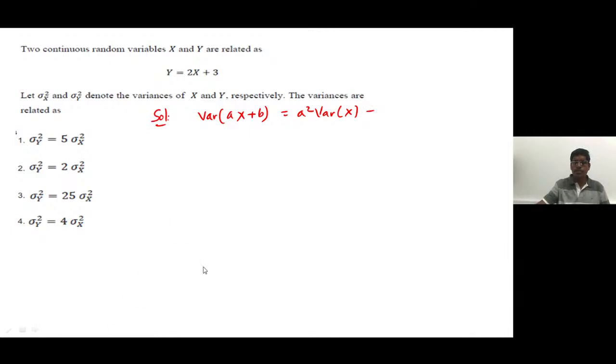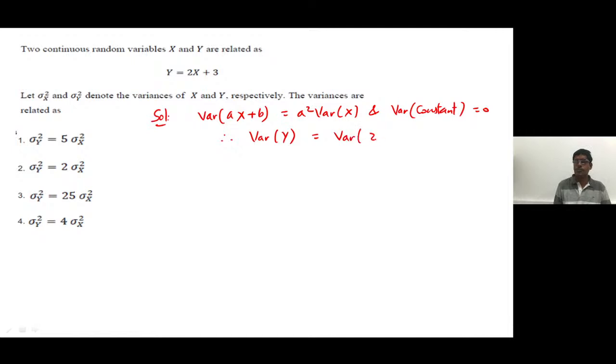Now therefore, the variance of y. Y is given as 2x plus 3. In all the options, sigma square y means variance of y.